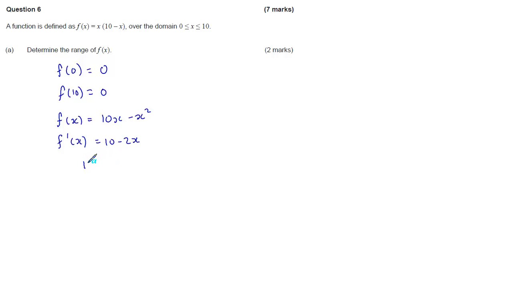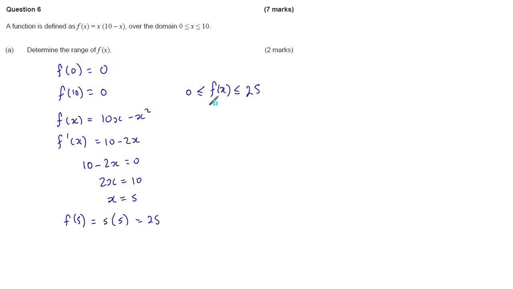So 10 minus 2x is equal to 0 gives us 2x equals 10, so x is 5, which we'd have found with the symmetry. And f of 5 is going to be 5 times 5, which is 25.